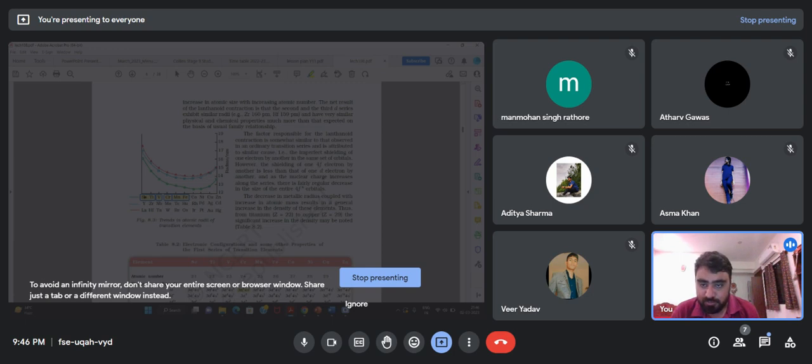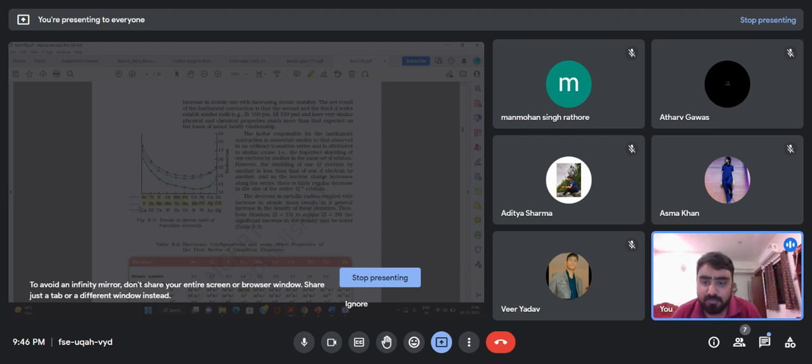Now talking about as you go from top to bottom, what will happen? As you go from top to bottom, let's say from 3D to 4D, you might be knowing this thing, the size increases. So the size of all the 4D series would be higher than the size of 3D series.